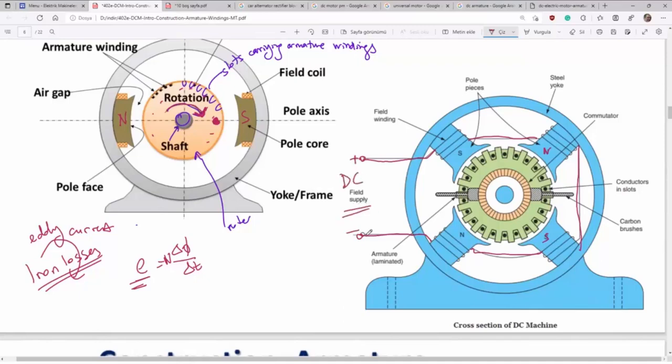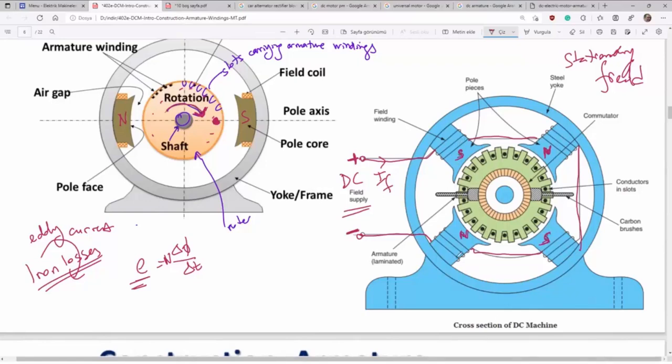DC field current is applied to construct the stationary DC field, N and S. If you do not change the polarity applied on the field terminals, the magnetic poles will be constant, N and S. Here you see a four-pole machine.